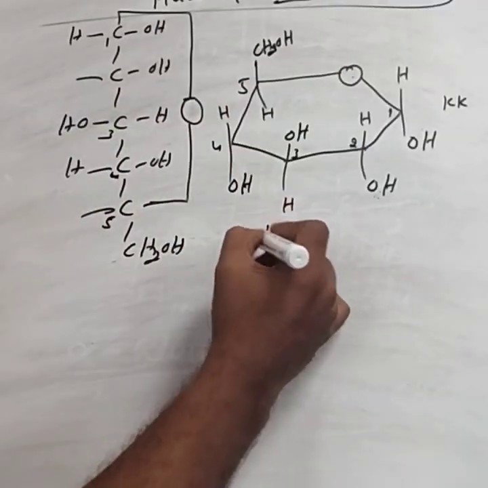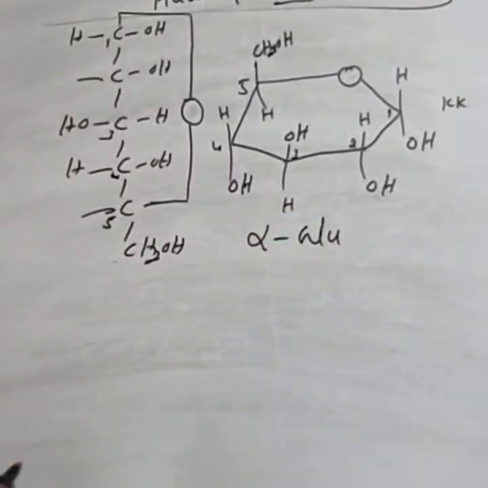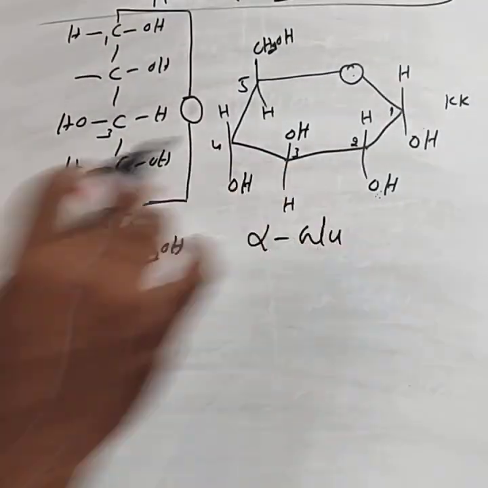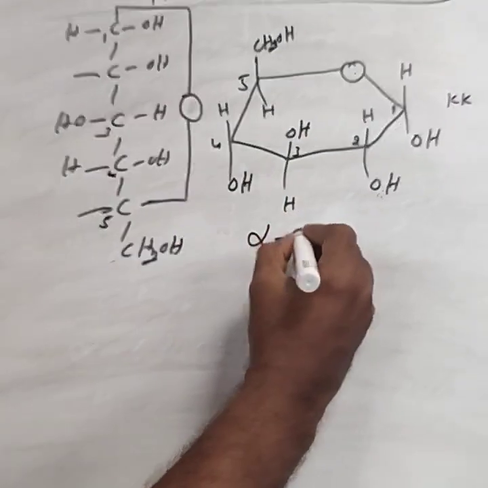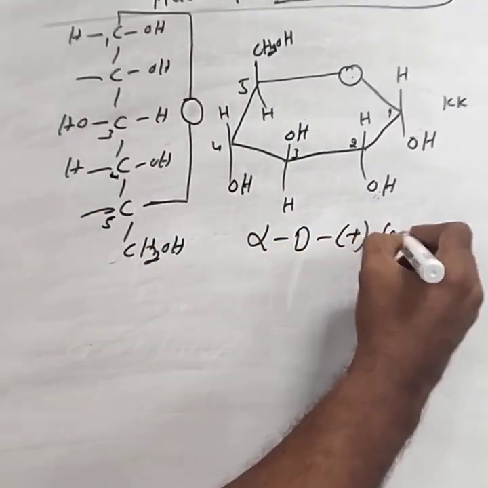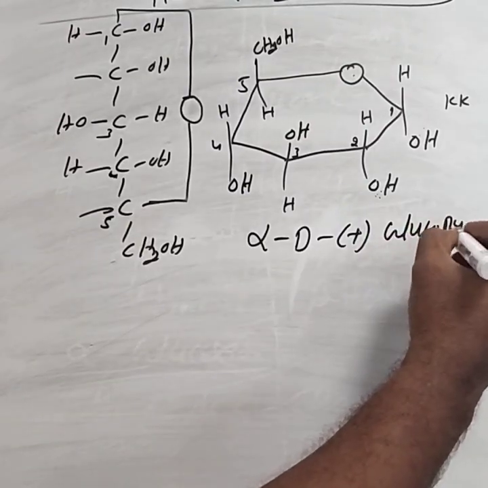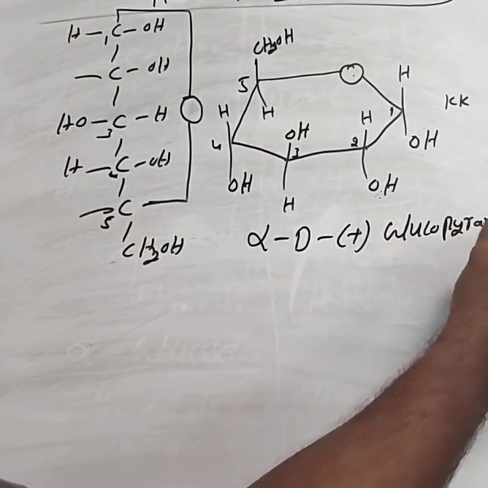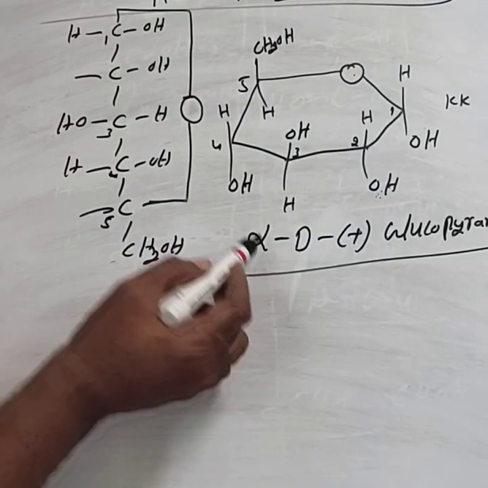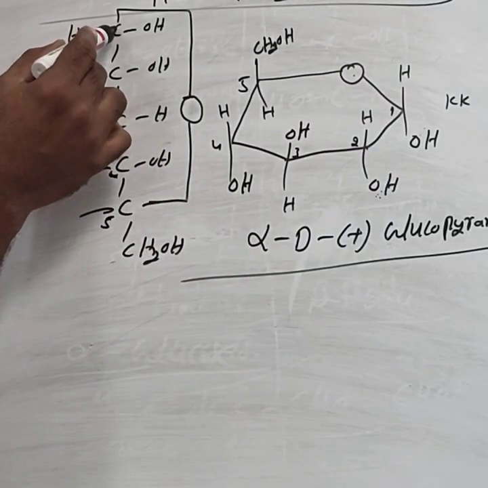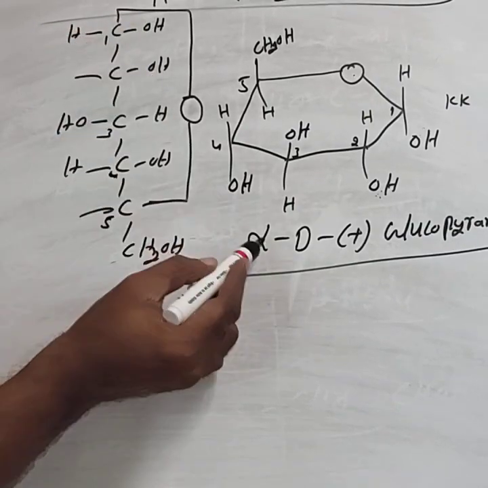This structure is alpha D plus glucopyranose. Alpha means that on the anomeric carbon atom, the OH is on the right hand side.